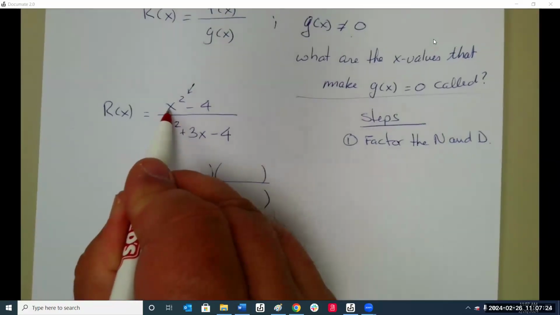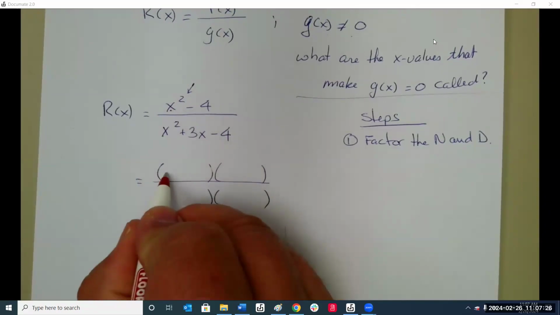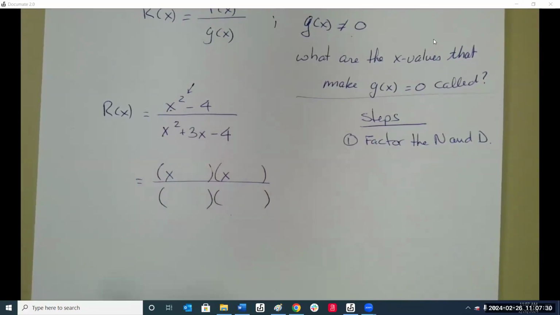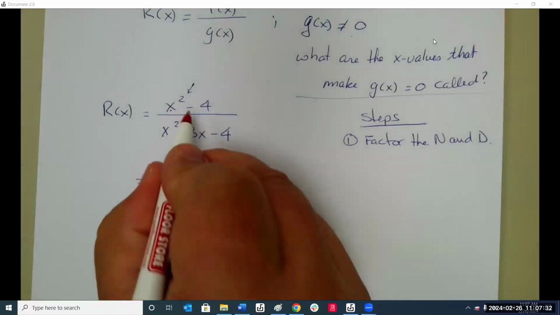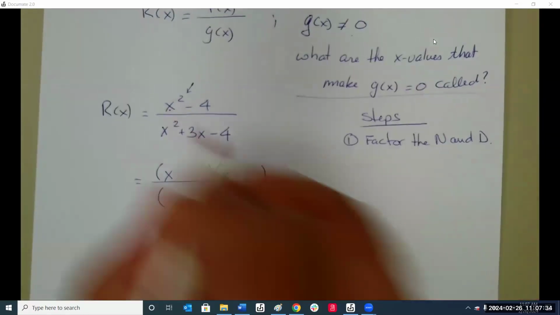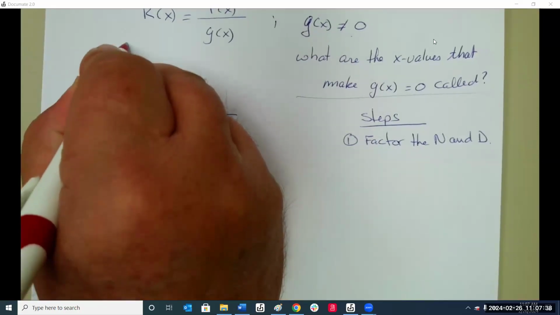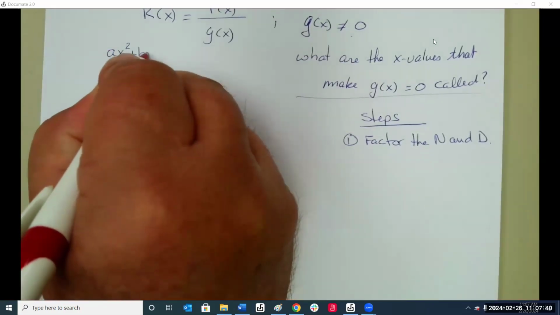So let's look at this. What makes x squared? x times x. Remember, a polynomial of degree 2 is quadratic.